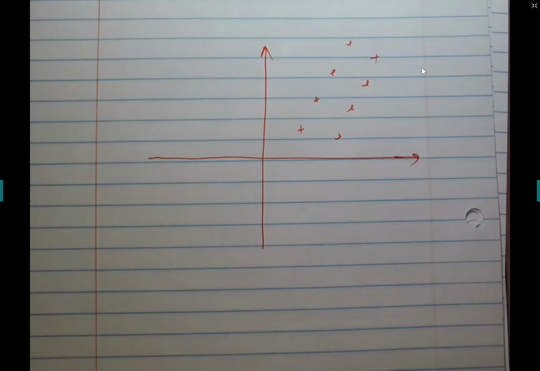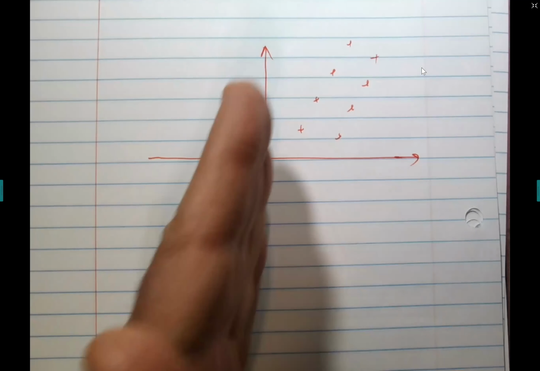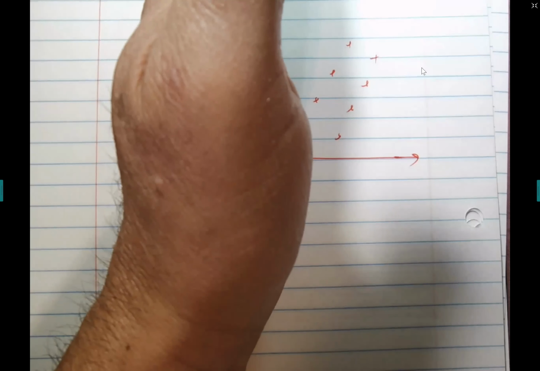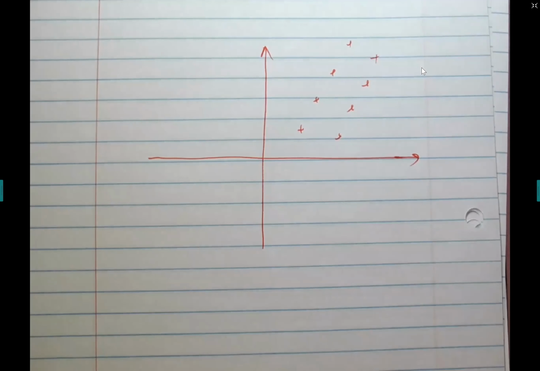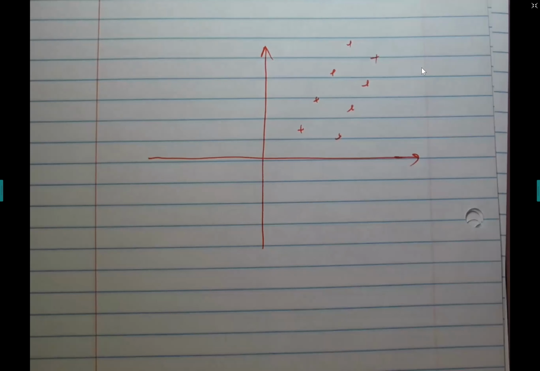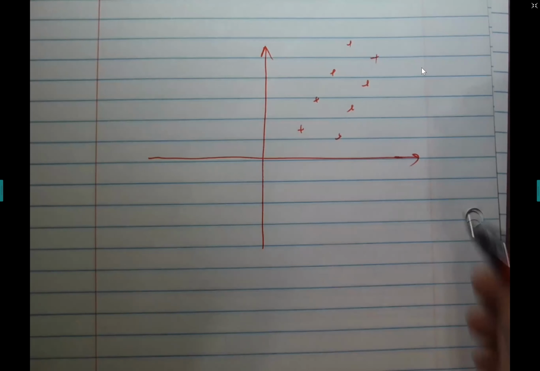Yes or no? No. Well, but don't you notice as X increases, what's happening to the Y? Y increases as well. So then there is a relationship. Maybe not as strong as the previous one, but they are connected. As X increases, Y increases.